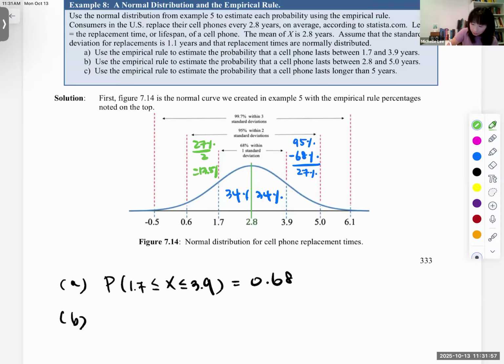Okay. So for between 2.8 and 5.0, we will get the 34 plus the 13.5, right?